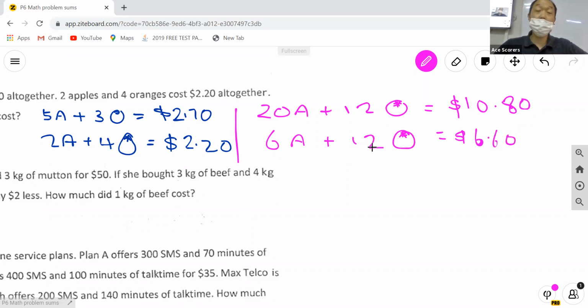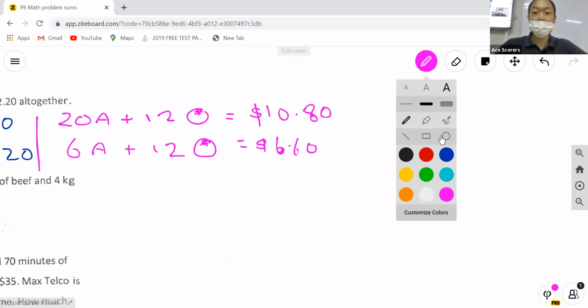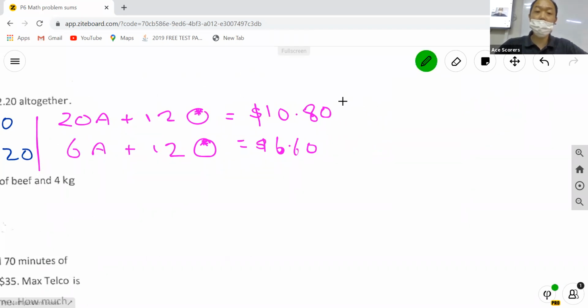So what's the next step? Big minus small. This one is the same, don't touch. So big minus small: 20 minus 6. The 12 oranges just cancel, this is gone.